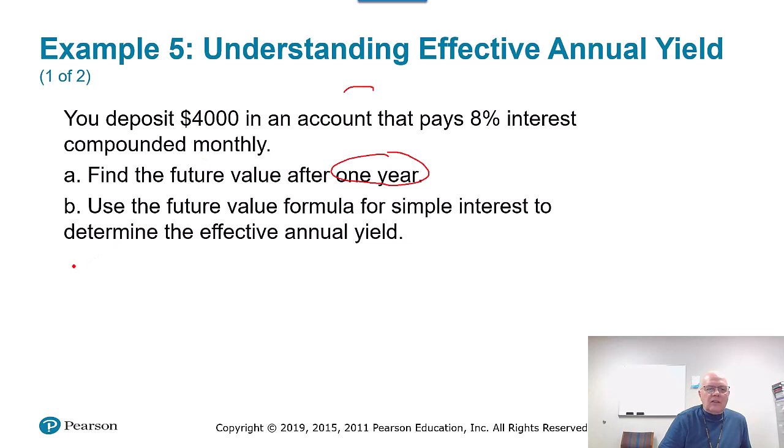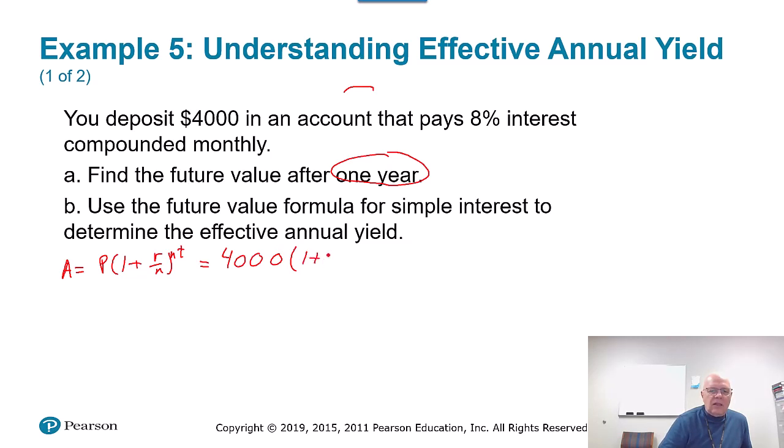Well, we've got compounding monthly. So A equals, that's the future value, P times (1 plus r over n) to the nt. The more times you see this, the better off you are. P, you're investing $4,000.